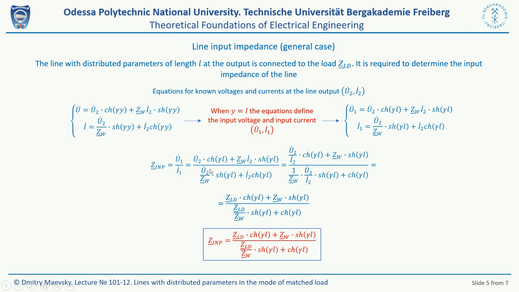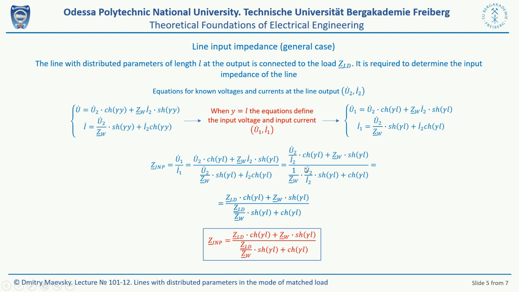Therefore, let's take the ratio of the first equation, this equation here, to the second equation. This fraction remains unchanged if both the numerator and denominator are divided by the same complex current I1.